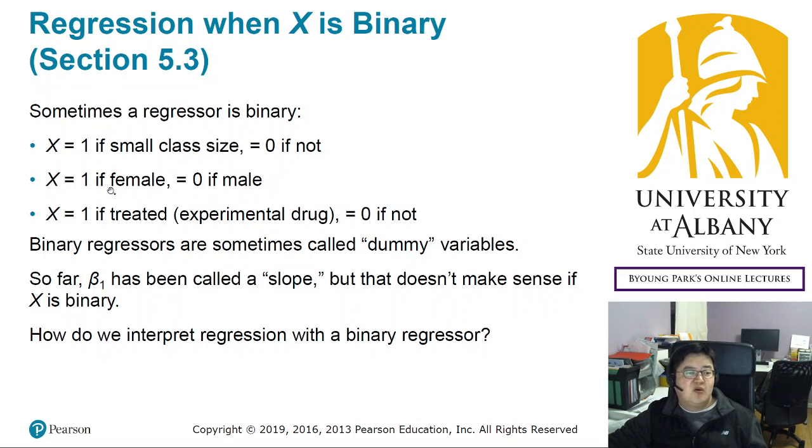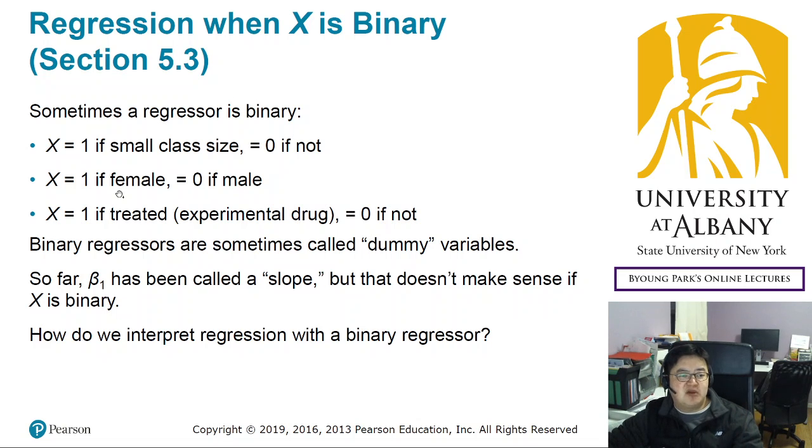When I ask you, are you male or female? There is no unit. When we say x increases by 1 unit, then y increases by beta 1. That's how we interpreted the regression model. But in this example, what is the 1 unit in male and female?